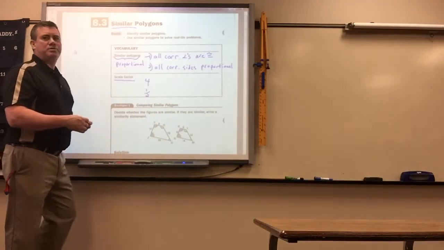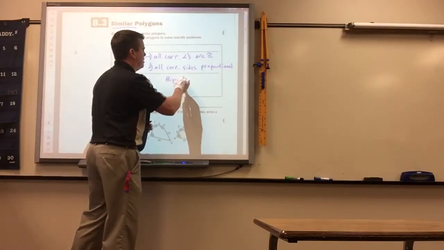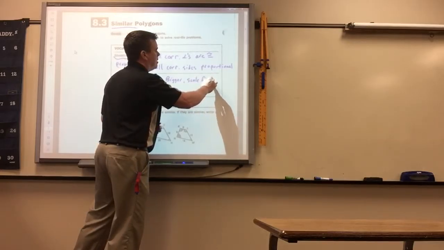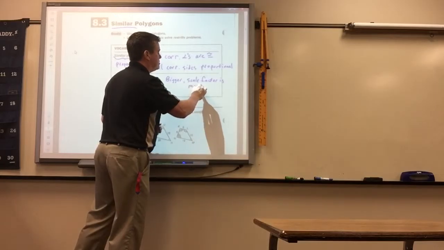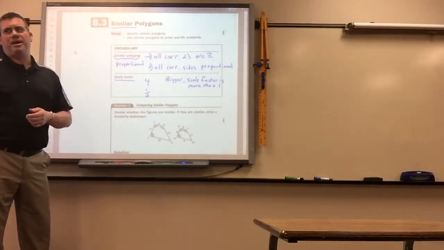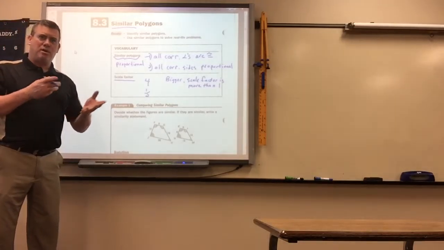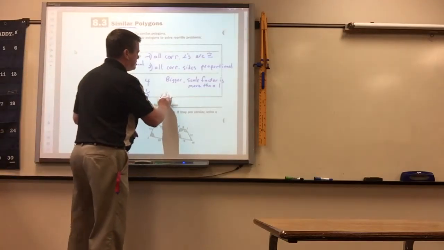So if something gets bigger, the scale factor has to be more than 1. Okay? If it shrinks, the scale factor would have to be less than 1, but between 0 and 1.